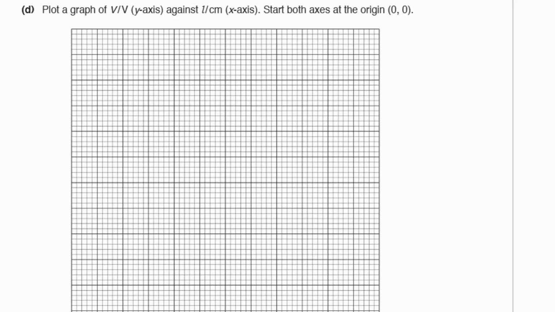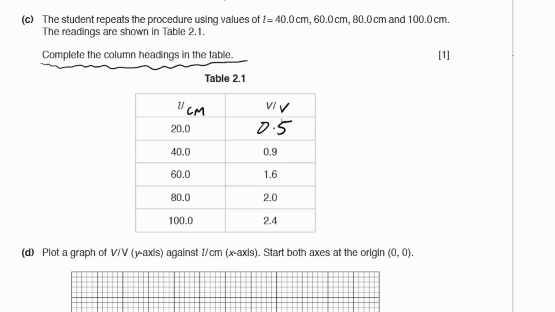Now D. Plot a graph of V in volts on the y-axis against L in centimeters on the x-axis. Start both axes at the origin 0, 0. So we've got volts against length. Let's see what it goes up to. Alright, volts go up to 2.4.